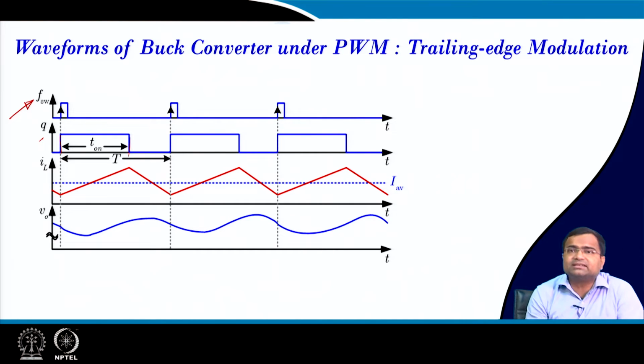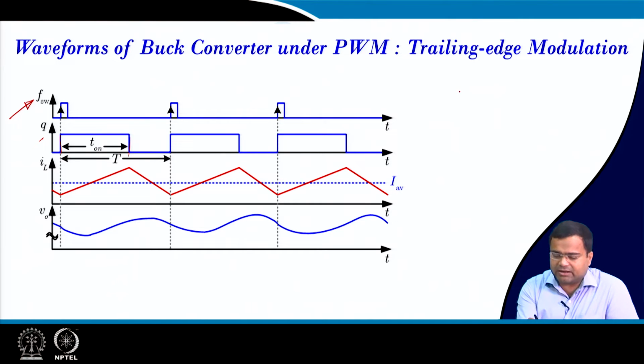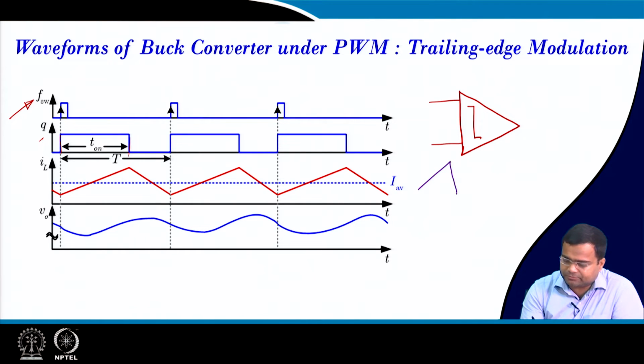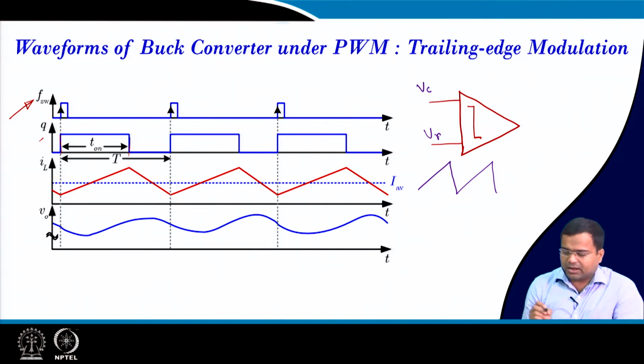So, how do I generate this signal? One way you can easily generate it is to consider a comparator with two inputs. Here you take a sawtooth waveform, which is a ramp signal, and here you take a control voltage Vc, and this control voltage can be a number.